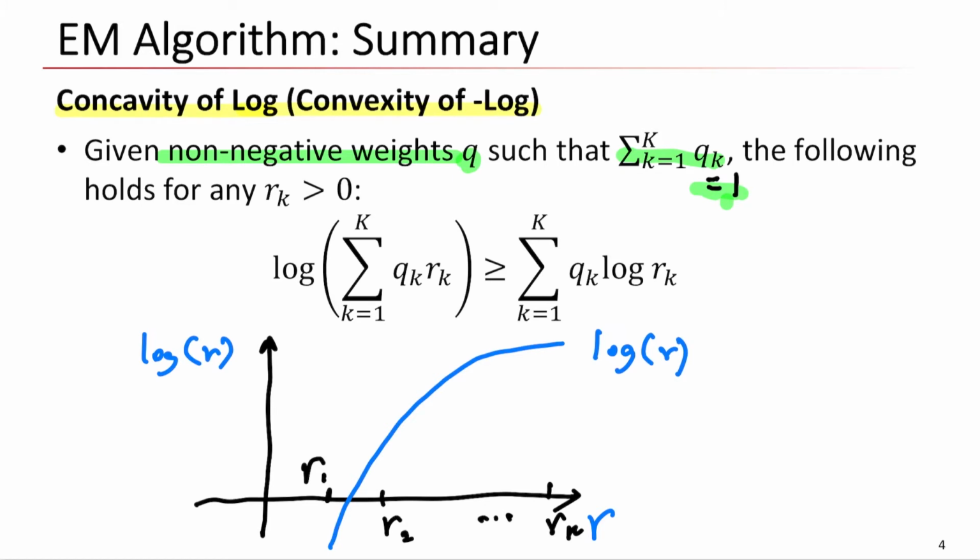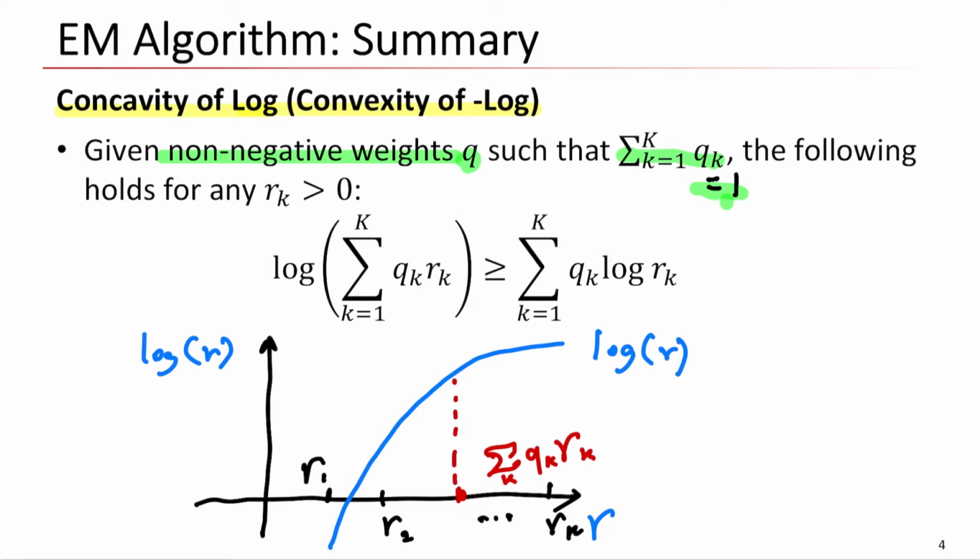When the summation of the QK is 1, then the sigma over K of QK RK here, because this is the linear summation of R1 through RK, right?